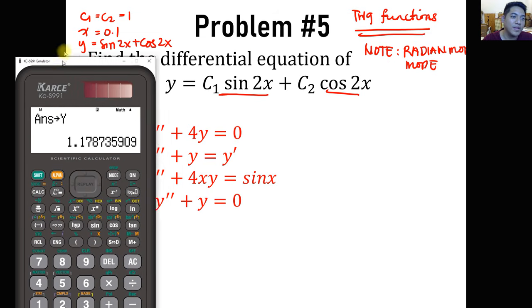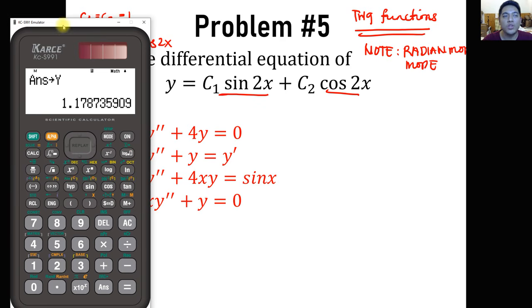So since we have two arbitrary constants, again, we need to get the second derivative. So for the first derivative, I'm going to get sine of 2 alpha x plus cosine of 2 alpha x, at x 0.1. This will be the result of my M, which is the first derivative.